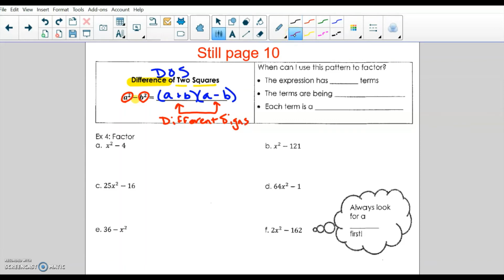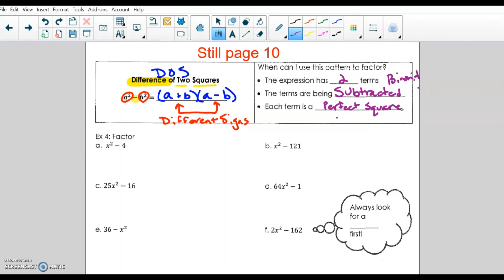The expression only has two terms, so it is a binomial. The terms are being subtracted. And each term is a perfect square.